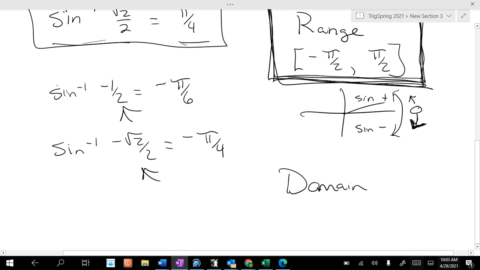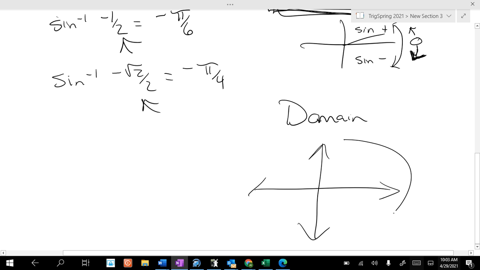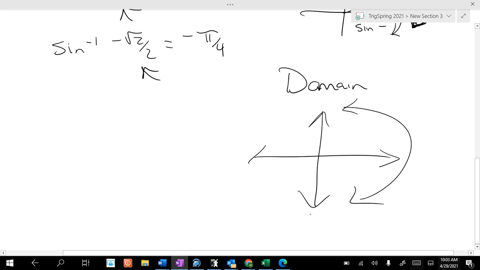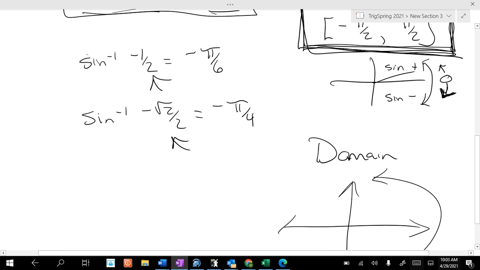Now, if you think about this, we're still in these two quadrants. What's my y value at negative pi over 2, down here? Negative 1. So when you're working with inverses, the y value on your unit circle becomes the x value.